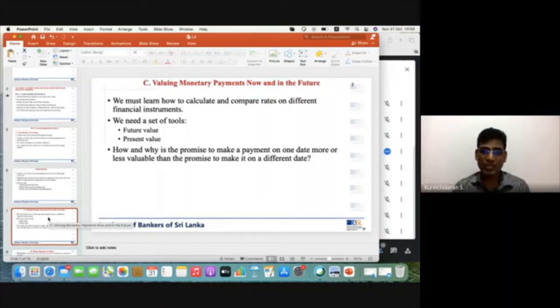You should be able to understand. That's what I have mentioned here: value monetary payments. So always we should be able to value. As bankers, I think most of the participants here are from banks, I believe. So whenever you change even one date, you have to think about your interest rate, right?